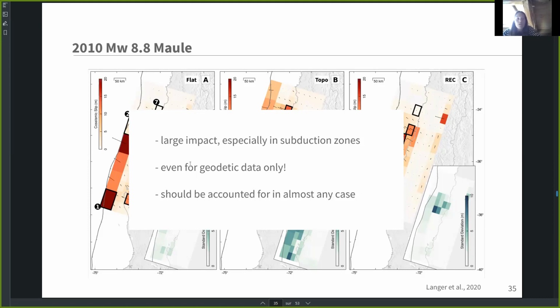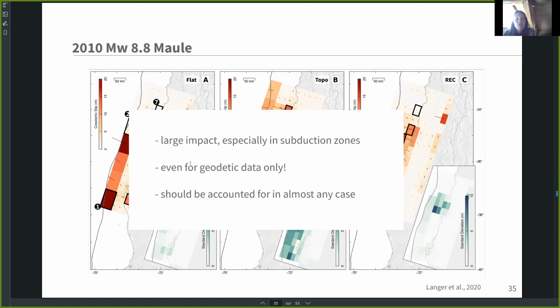Here we show that it's very important to take into account even when we use geodetic data only, and it should be accounted for in almost any case. As I told you, the Gorkha case is very specific, with a very shallow fault and very good data. We are not sure it is representative of other earthquakes. In contrast, Maule seems far more realistic, and we show that topography really has a large impact.